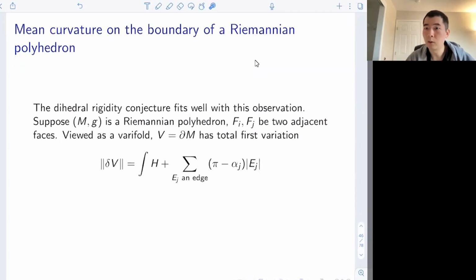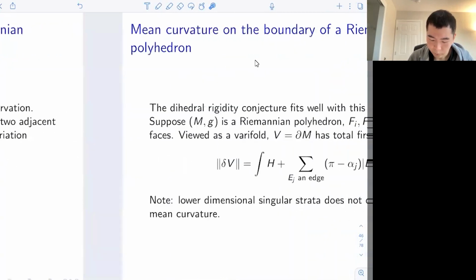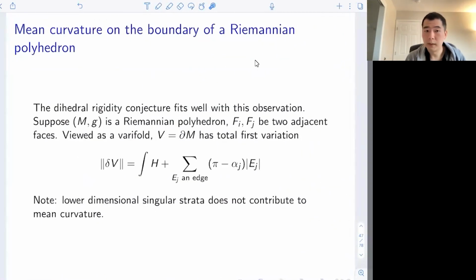So along the edges, the total mean curvature has this delta distribution of pi minus alpha j. Now I observe that lower dimensional singular strata do not contribute to mean curvature. So precisely the polyhedral comparison is saying that if scalar curvature in the interior is positive, then your total first variation on the boundary should not be bigger than the corresponding Euclidean total first variation.